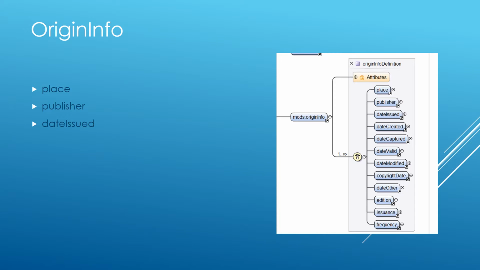Place is, of course, where an article is published. Publisher is the big name behind the journal published, and date issued is when the journal where the article originated from was issued.